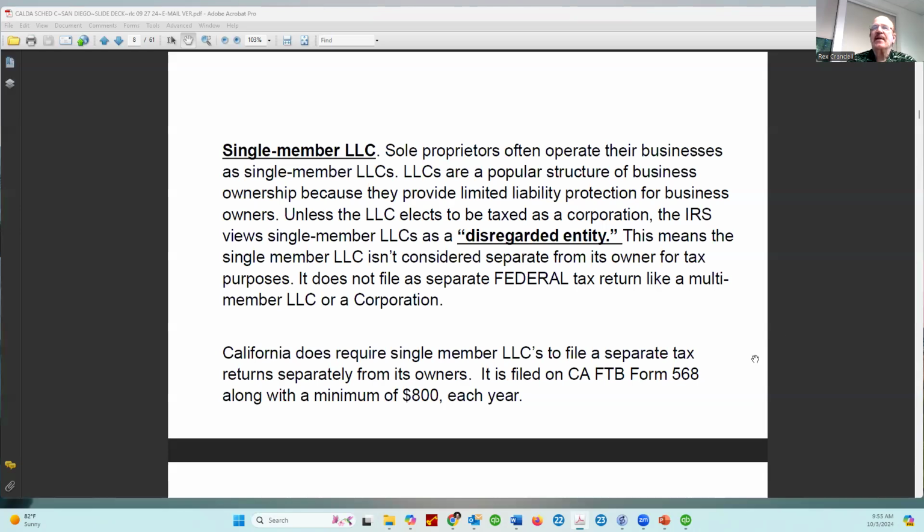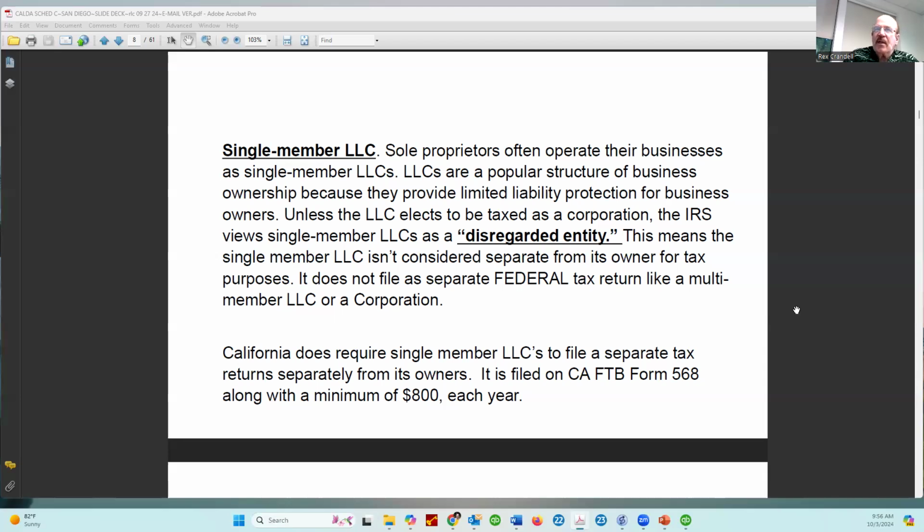Unless the LLC elects to be taxed as a corporation, the IRS views a single member LLC as a quote, disregarded entity. This means that a single member LLC is not considered a separate entity from its owner for income tax purposes, so it does not file a separate federal income tax return like a multi-member LLC, a corporation, or a partnership.